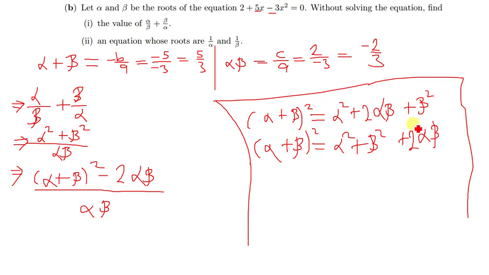So here what you do is you just leave this part, and then you take this 2 alpha beta to the other side of the equal sign.